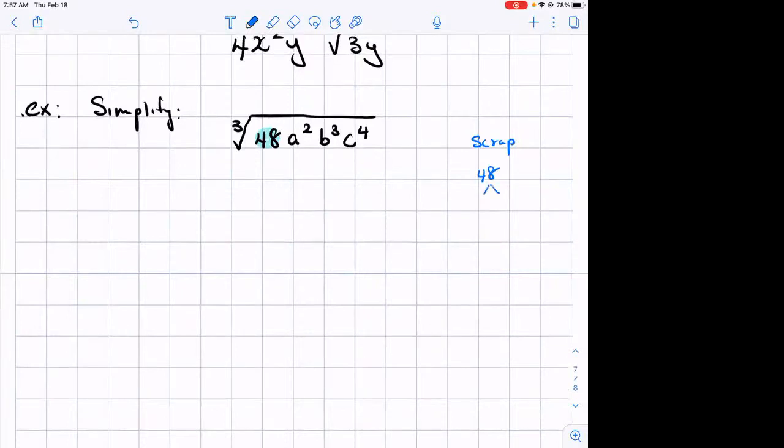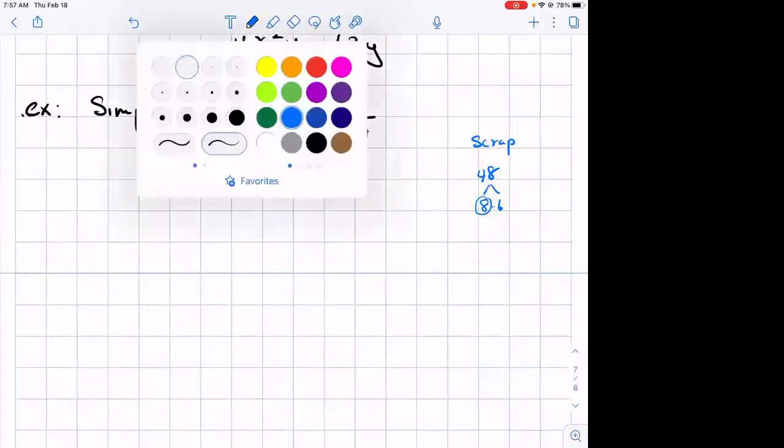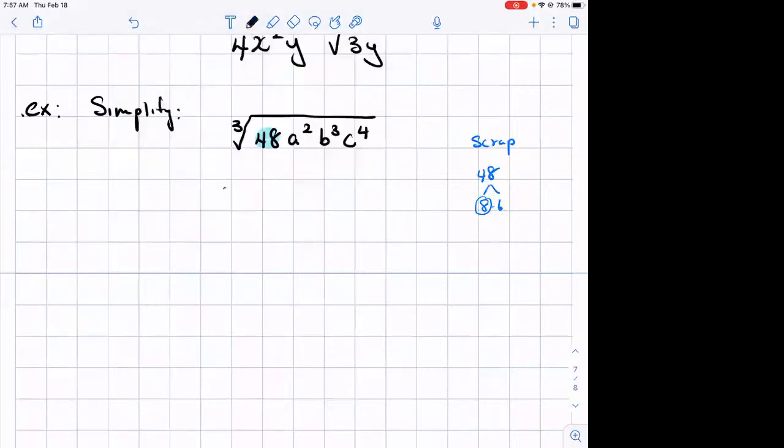So if you notice, okay, 8 times 6 is 48, right? 6 8s are 48. And 8 is a perfect cube. We're looking for a cube root. So I can rewrite this as the cube root of 8 times 6.